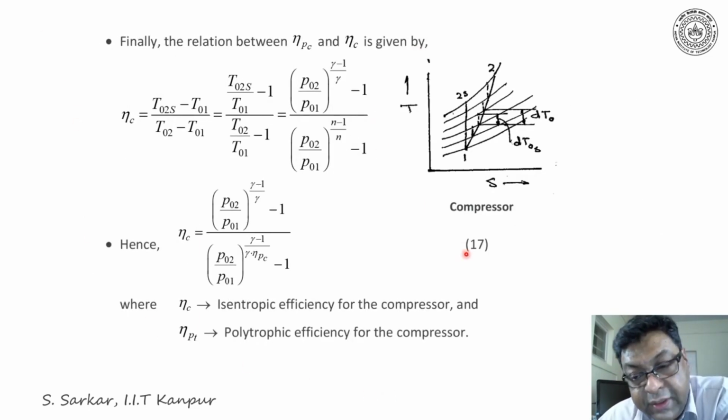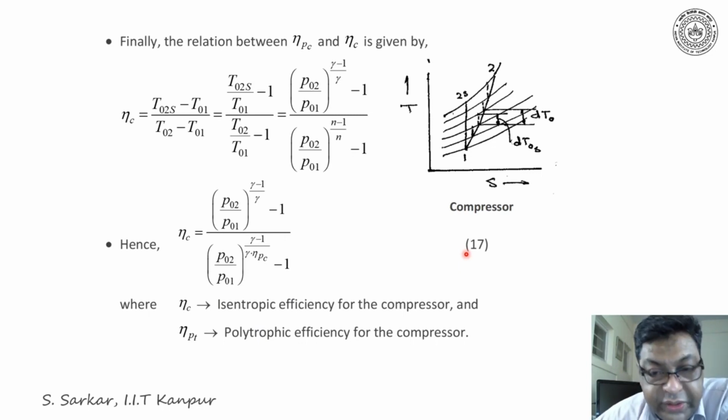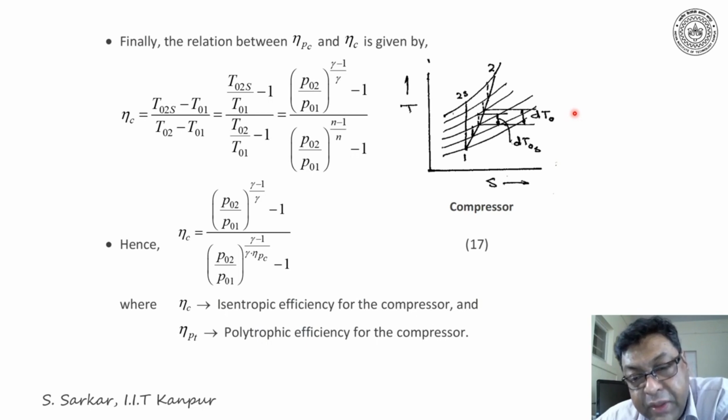With reference to the TS diagram, where the compressor is consisting of large number of elemental stages, 1, 2 is the actual overall temperature rise, where 1, 2s is the isentropic temperature rise. Furthermore, dT0 is the actual temperature rise of an elemental stage, and the corresponding isentropic temperature rise is denoted by dT0s.